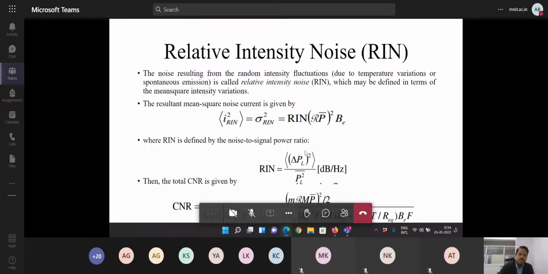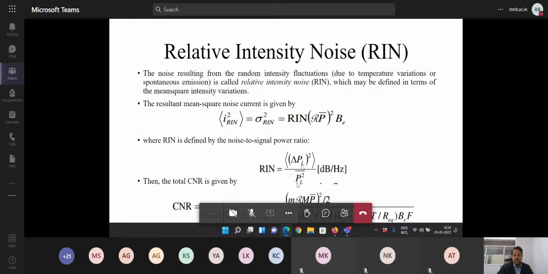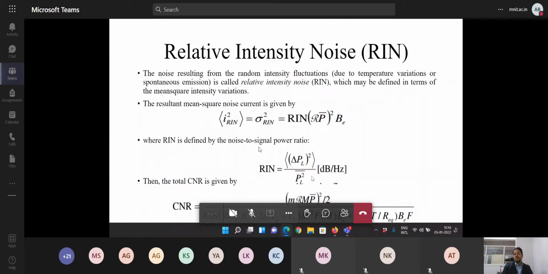So here you can see delta PL refers to the change in intensity, and the triangular brackets here represent averaging of what is inside it.